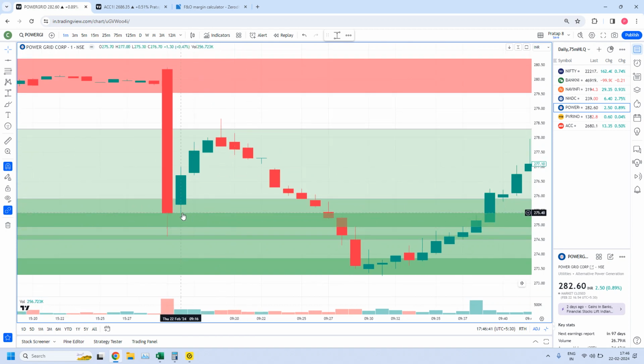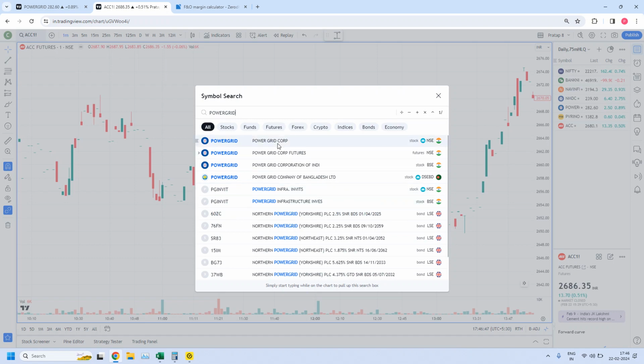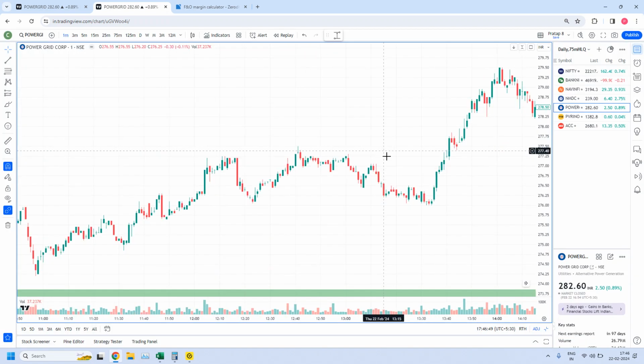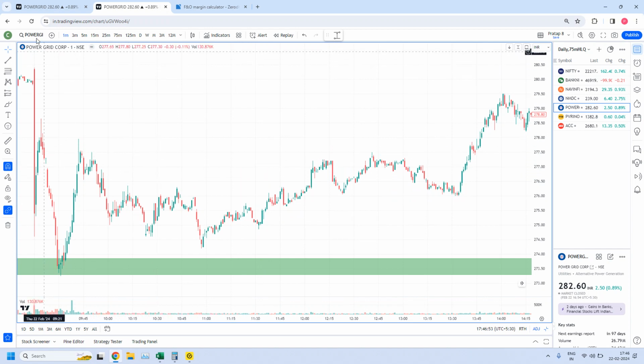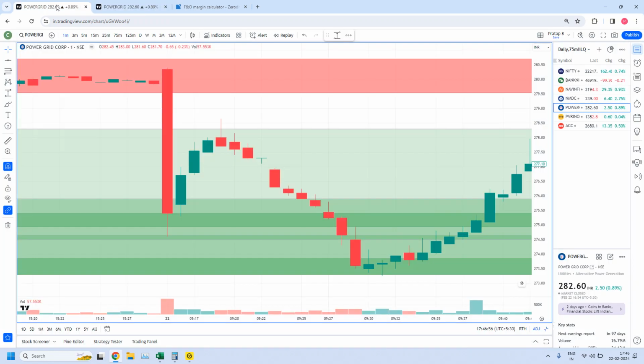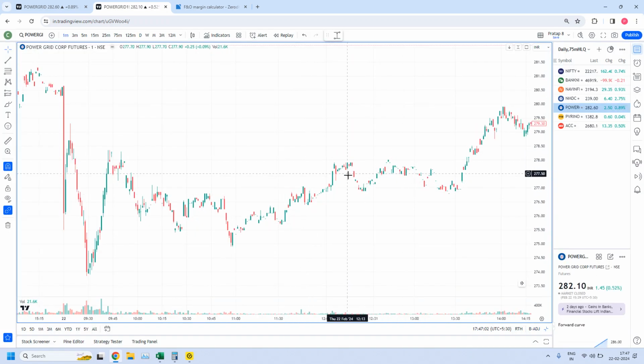Within the 9:15 level, when price entered here, what is the price structure in Power Grid? Let us consider. This is Power Grid. Today morning at, oh sorry, this is not it, I have to check the futures chart. Okay, Power Grid futures. This is the futures chart.